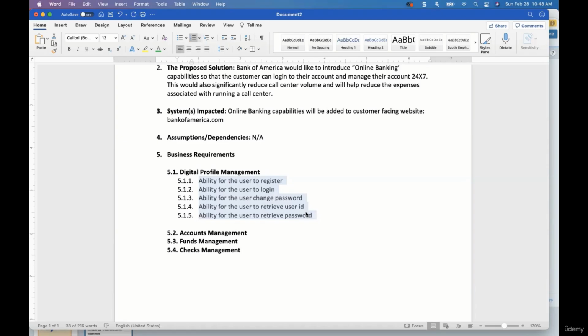In other words, every business requirement will identify a capability that can be performed within a system.